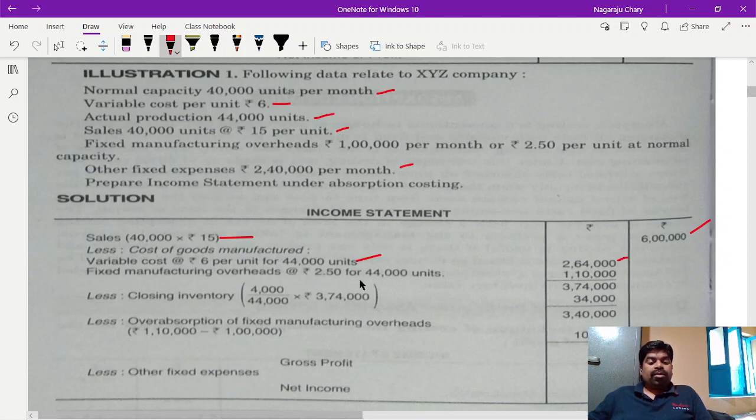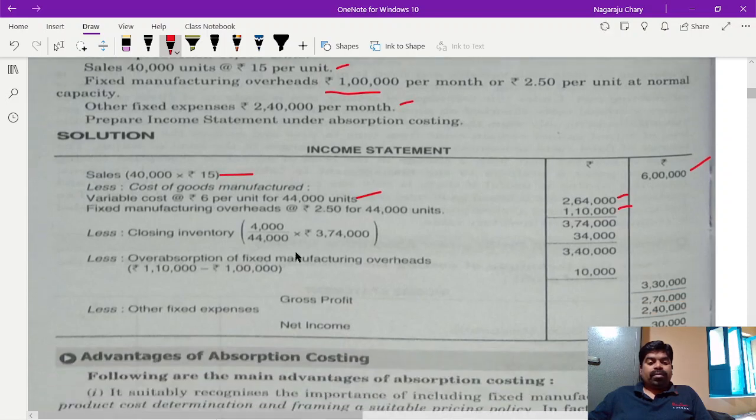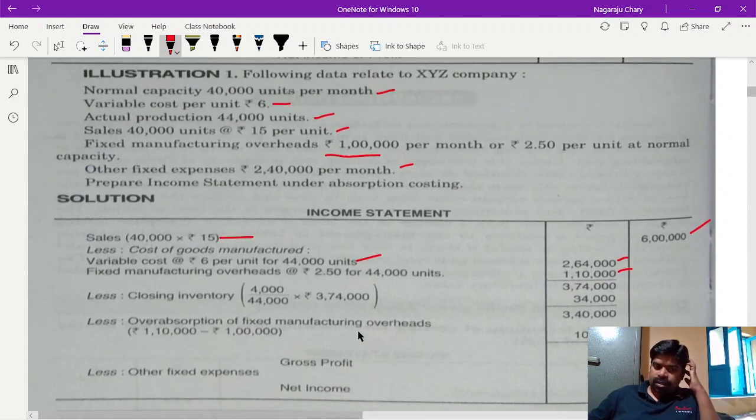Then fixed manufacturing overheads, that is 1 lakh. That is to be taken in here. And then closing inventory. Is there any closing inventory? Yes, we have inventory, 4,000 units additional closing inventory.